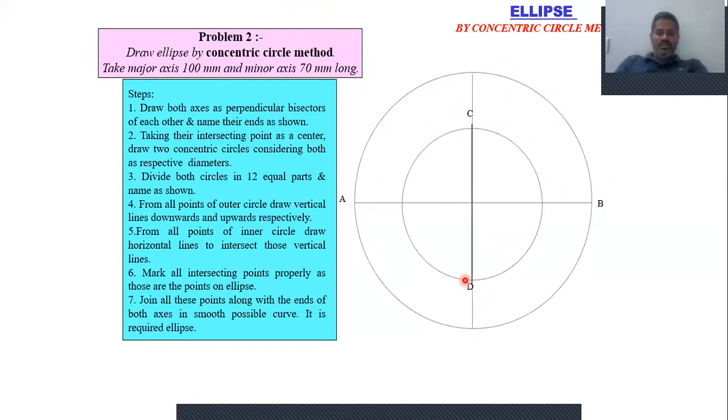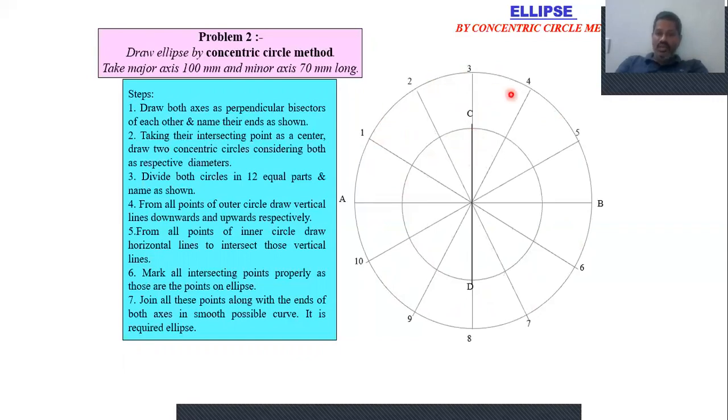Now let me move further. Divide these 2 concentric circles into 12 equal divisions: 30 degrees, 30 degrees, 30 degrees, we will get the 12 equal divisions, 0, 1, 2, 3, up to 12. Two of these are named AB, so that we are getting 10 only.